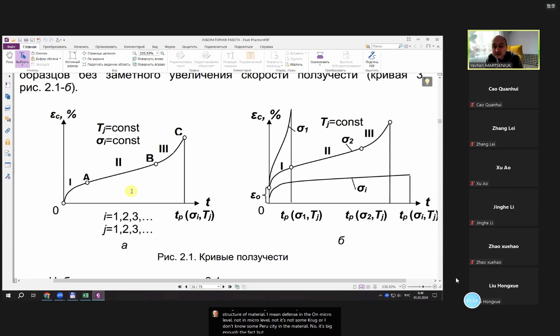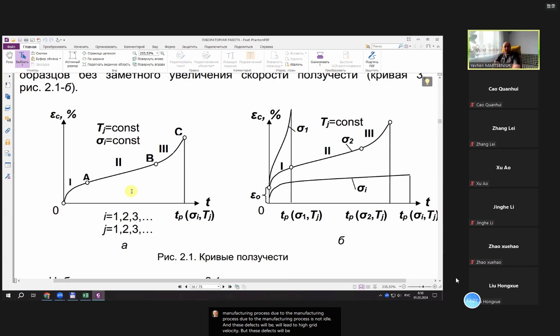But on micro level, in the structure of the crystalline grid, some defects can appear, because the manufacturing process is not ideal, and these defects will lead to high creep velocity.